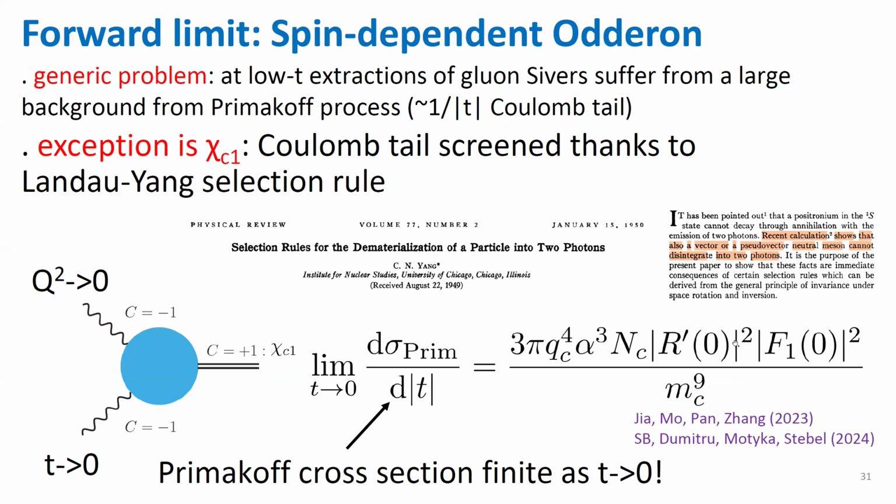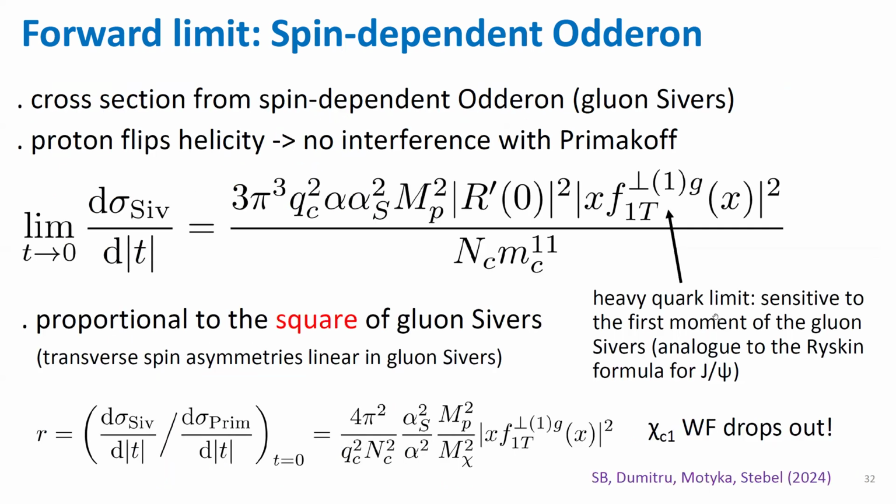This is interesting because in principle you don't have infinity to fight against. You have a finite quantity to fight against with the Sivers contribution. Another important point is that the Sivers contribution comes with proton helicity flips, so there is no mixing at the amplitude level with the Primakoff cross-section.